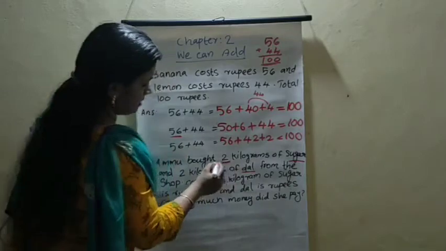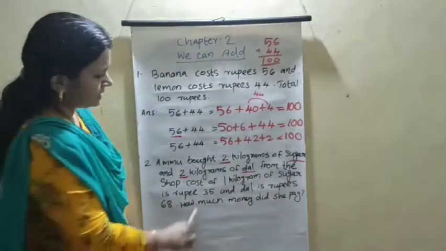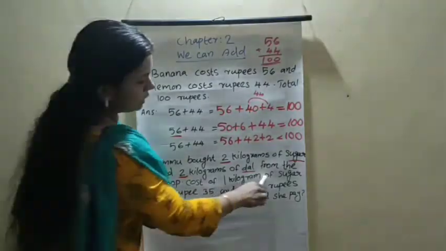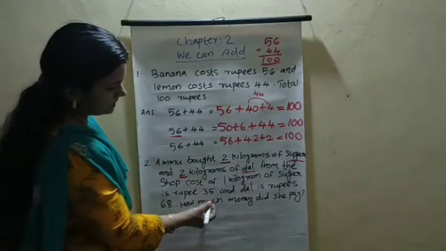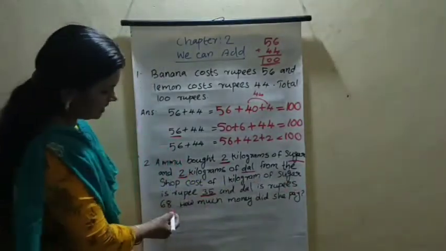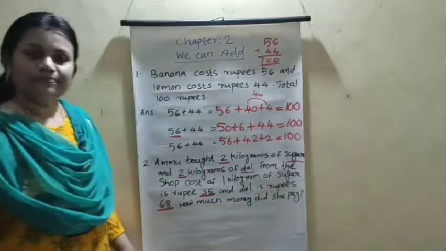Sugar and dal, both she bought 2 kilograms. From the shop, the cost of 1 kilogram of sugar is 35 rupees and dal is rupees 68. How much money did she pay?